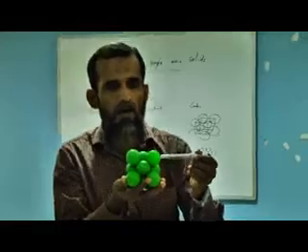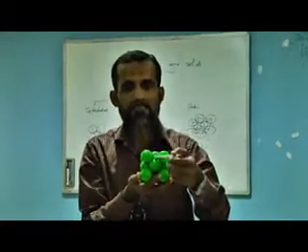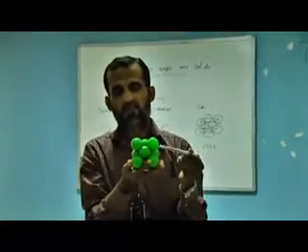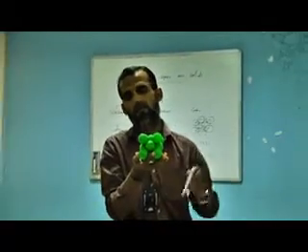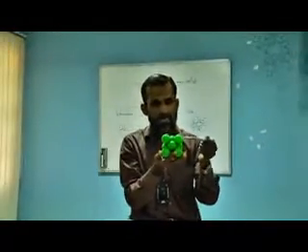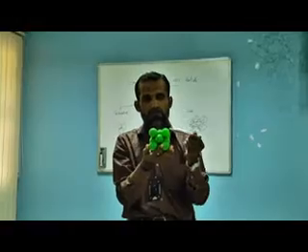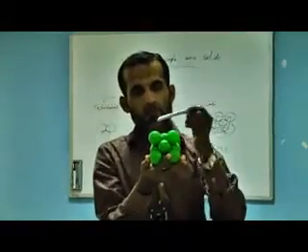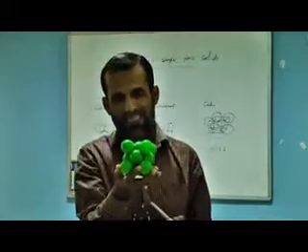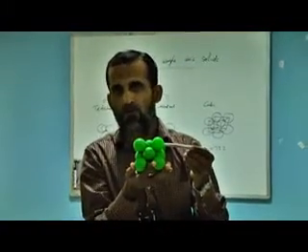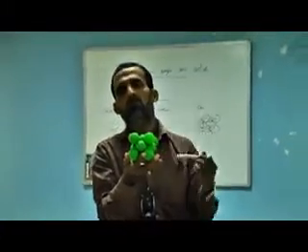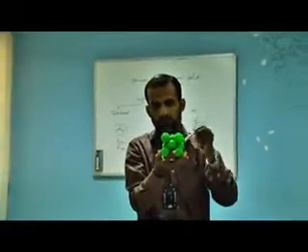In addition, all these edge centers are part of octahedral voids which are shared with other unit cells. An edge of a cubic unit cell is shared among 4 unit cells, so it's a share of 1/4. 1/4 into 12 edges are there for a cube.